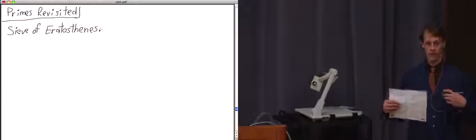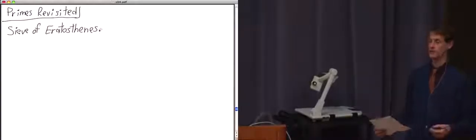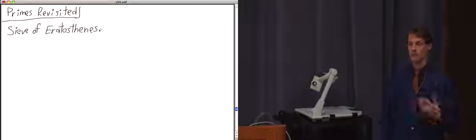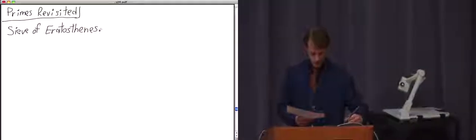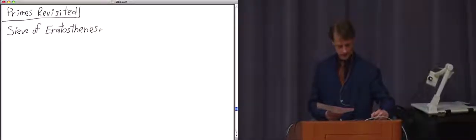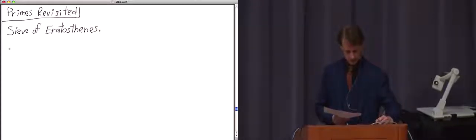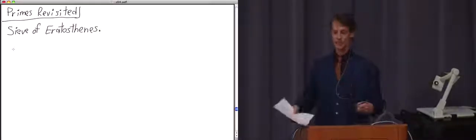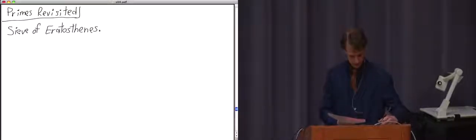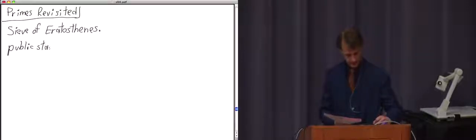For each possible prime factor, we're going to go through all the larger numbers and eliminate the ones that are multiples of that prime factor. In other words, we're going to mark as non-prime every integer that's divisible by a given divisor. So let's get started on this method.